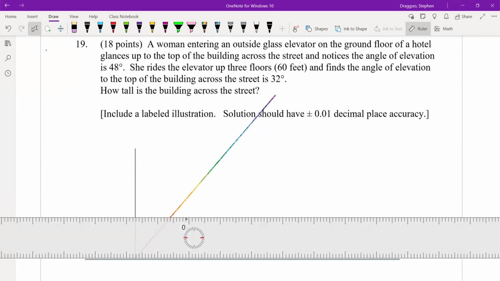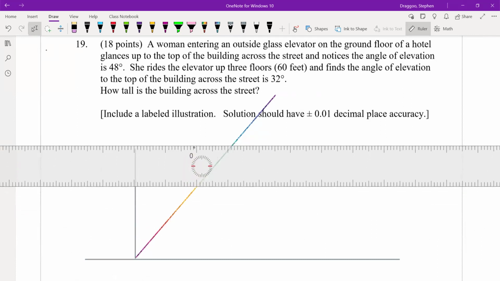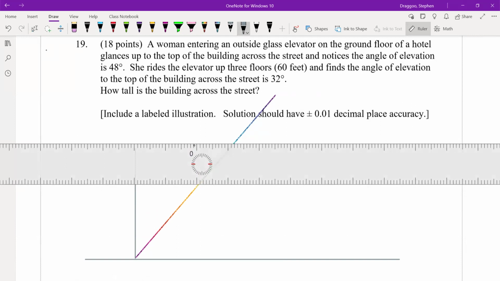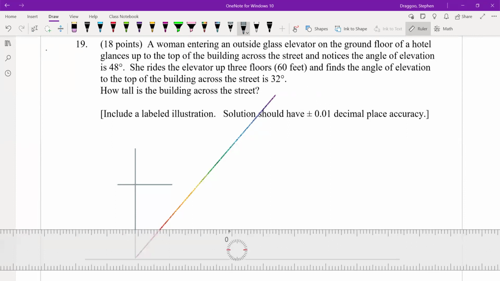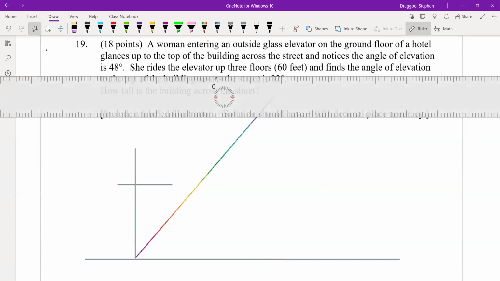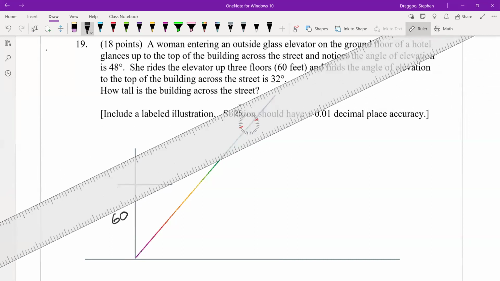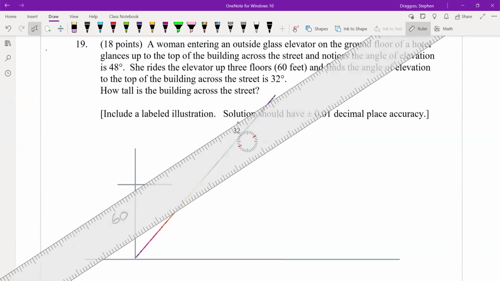She'll then ride it up 60 feet, 3 floors above, and we're going to measure a new angle of elevation from that 3rd floor. We'll just label in a 60 right there because she's going up 60 feet, and measures a new angle of elevation. This time it's only 32 degrees instead of 48 degrees.